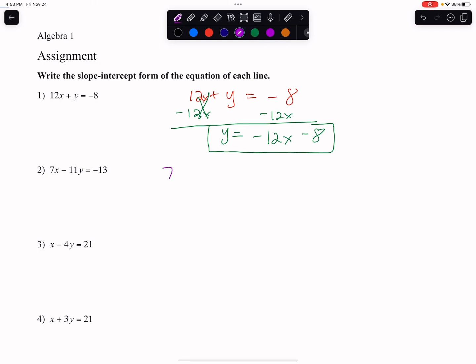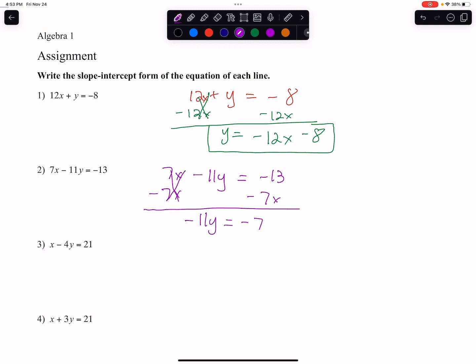This says 7x minus 11y equals -13. So I'm going to have to subtract 7x from both sides. We're going to do that first. You always remove the x first. Now I'm left with -11y equals -7x minus 13.